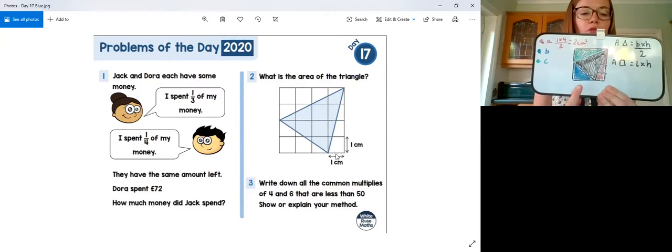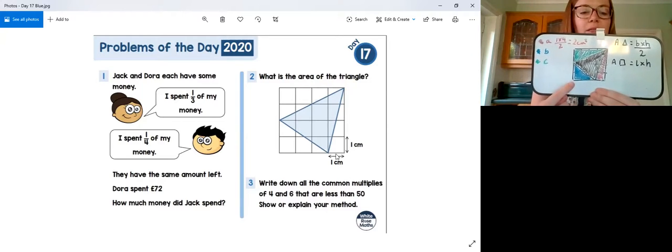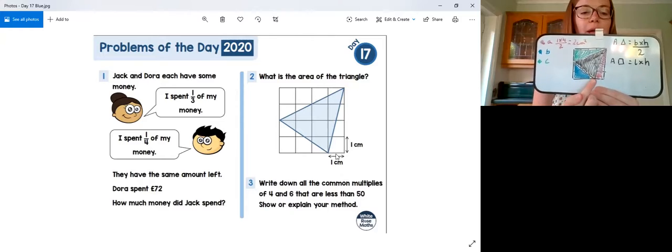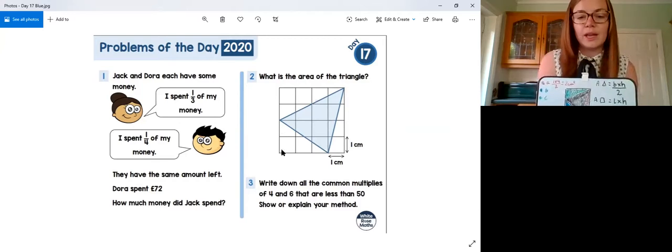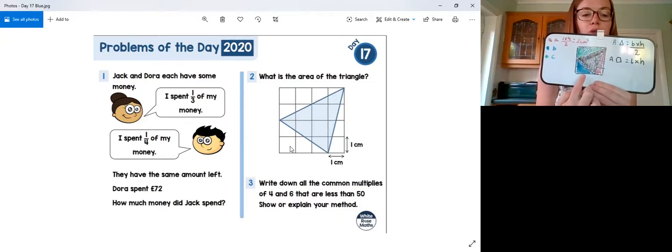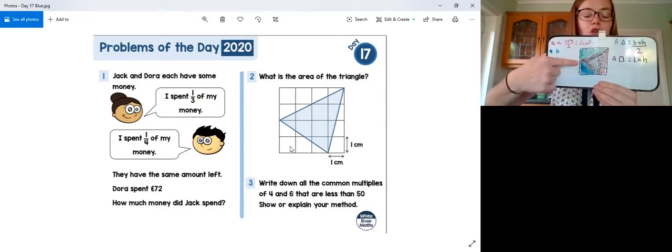What about the blue triangle? Again, I can keep it this way round and I have a clear base and then at 90 degrees a height. So the base for this triangle might be hard to see now I've coloured it in, but it's this one over here on the diagram, which is 1, 2, 3. And the height is 1, 2.